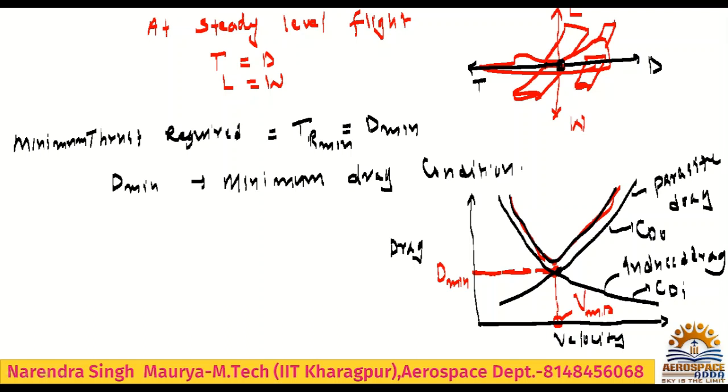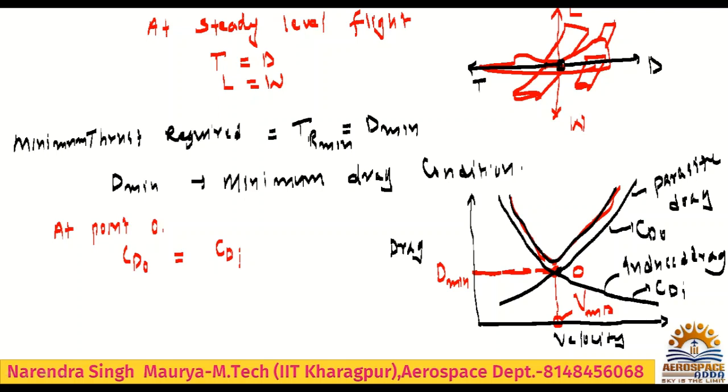VMD. So at point O, what you are getting is CD naught, parasite drag, equal to CDI. Yes or no? Wherever the two lines cut each other, the value must be the same.